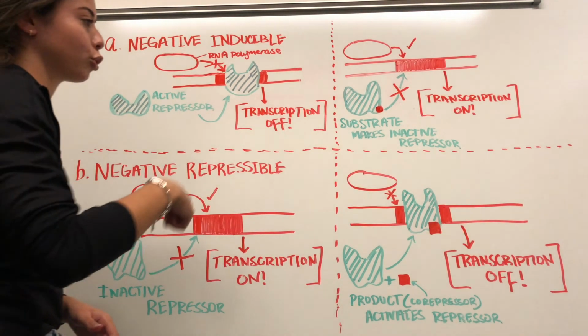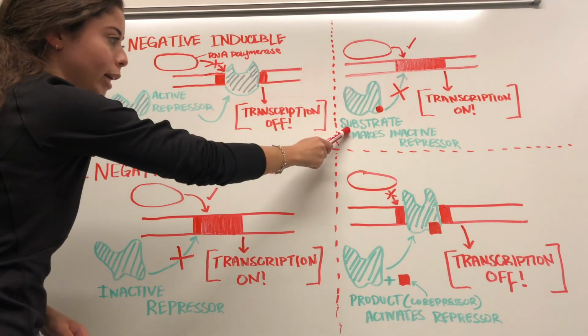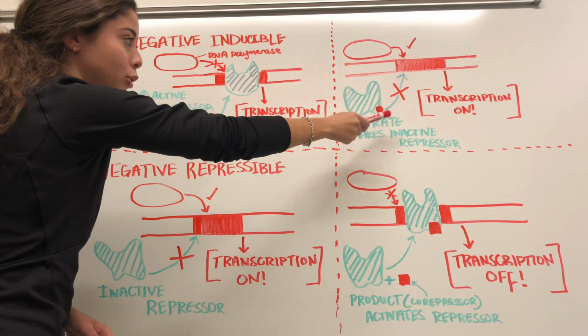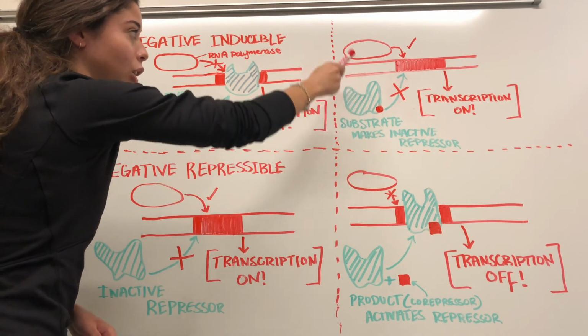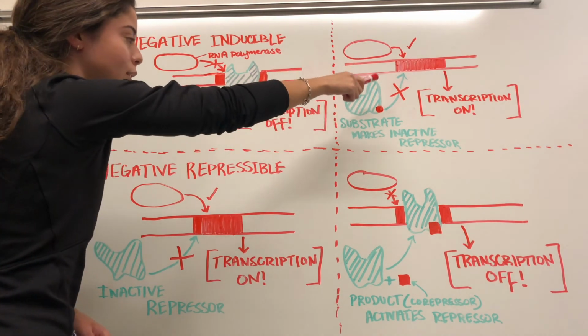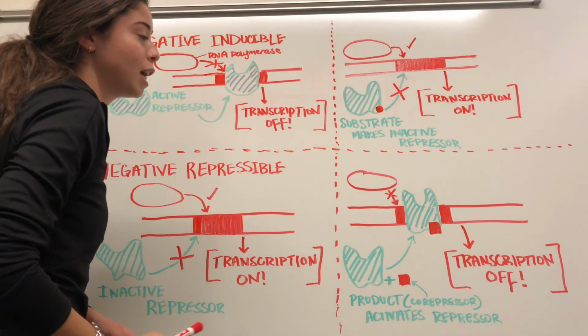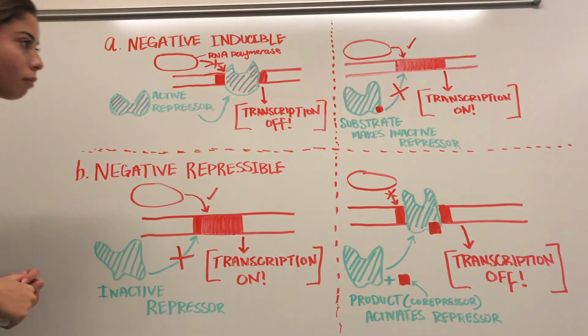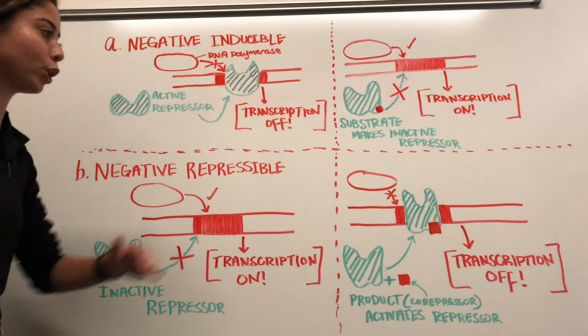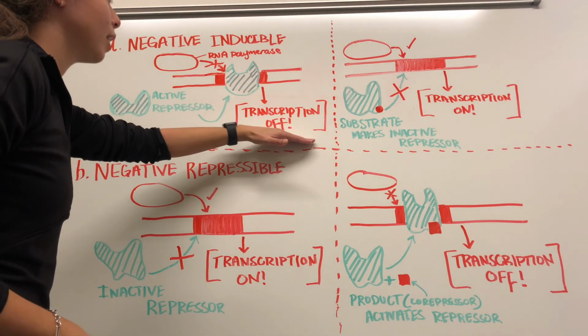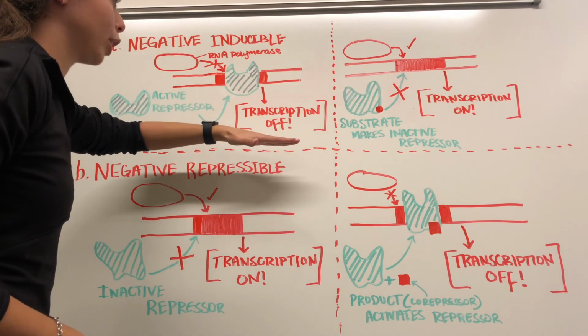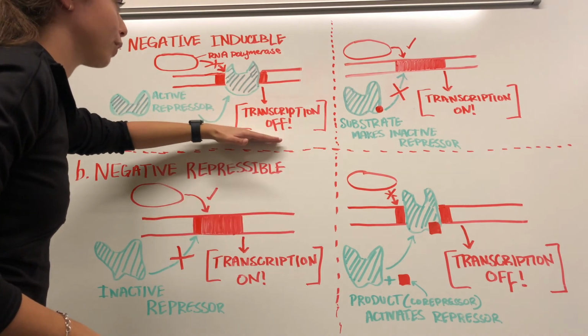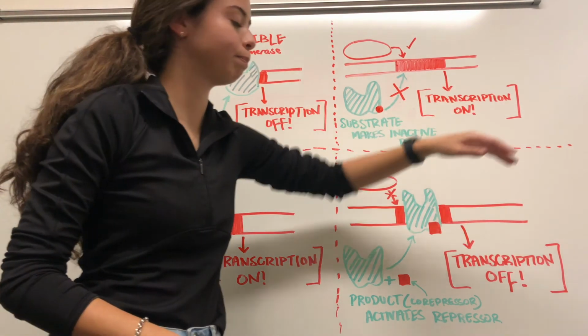Since it can be made to turn on, a substrate can come in, bind to the repressor, and inactivate it, allowing RNA polymerase to come in and transcribe the structural genes, therefore turning transcription on. So again, we know the foundational concept of an inducible system, where transcription is normally turned off but can be made to turn on.